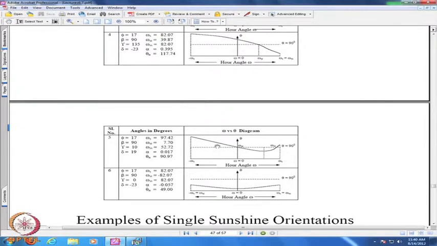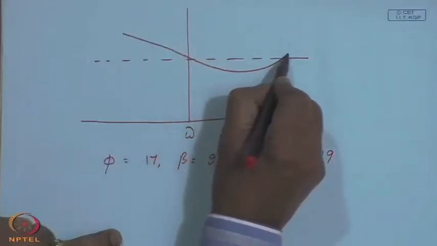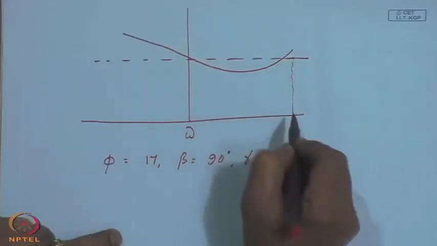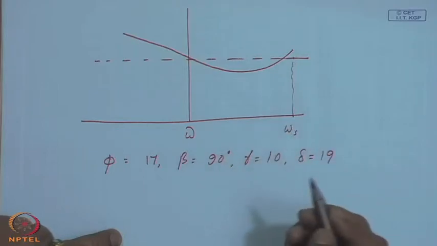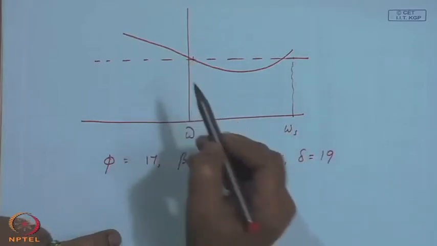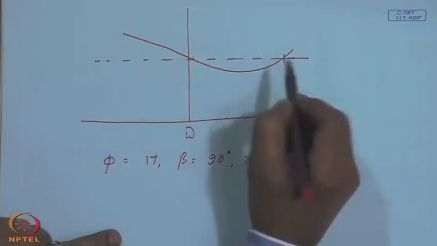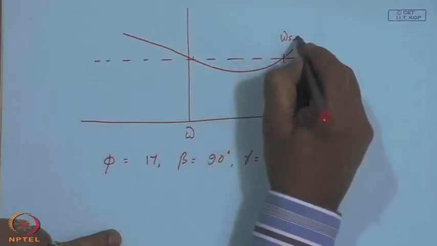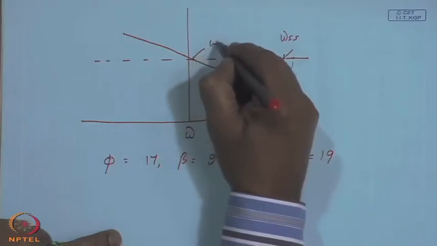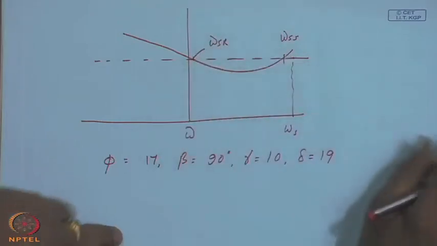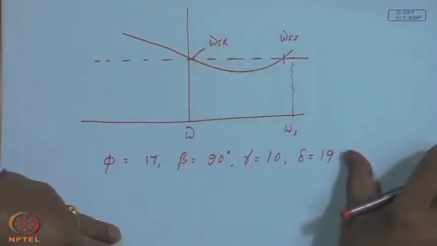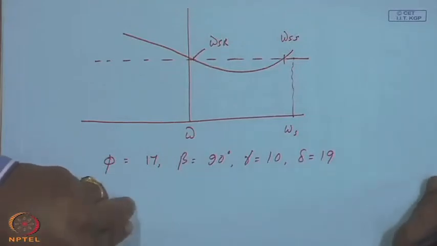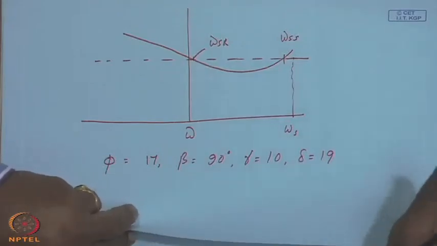That means, this kink, or let me draw it, it should be so, this should be after solar noon, and this is omega SS, because we started with a very small gamma towards west.